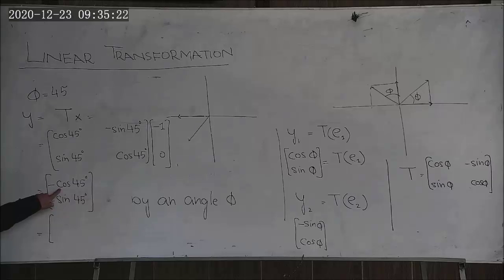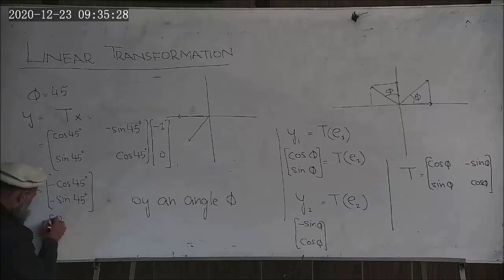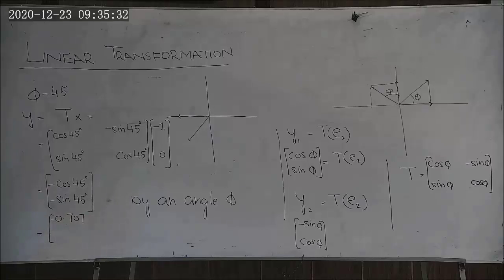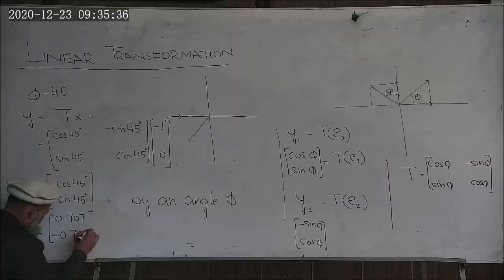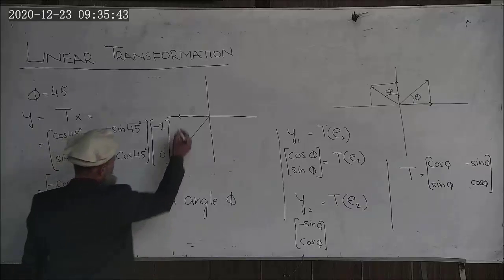What is cosine of 45? Minus 0.707, and sine of 45 is also the same. So where is this vector? Minus 0.707.